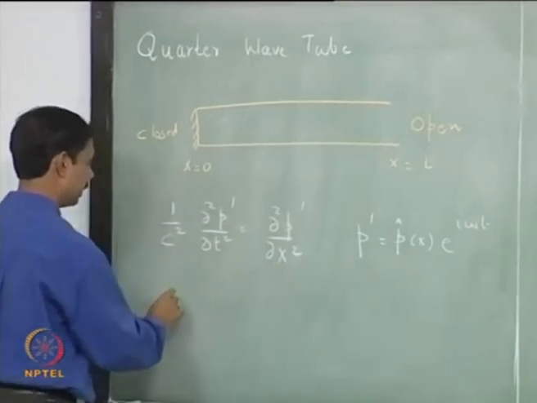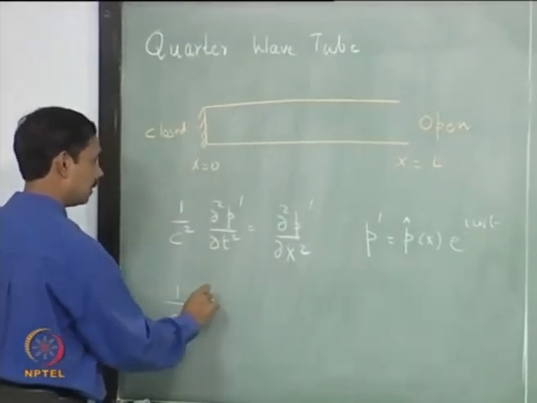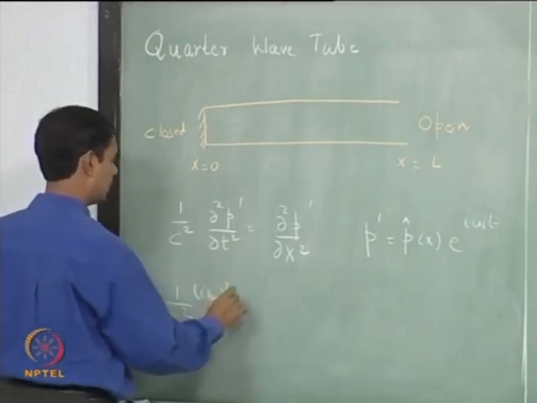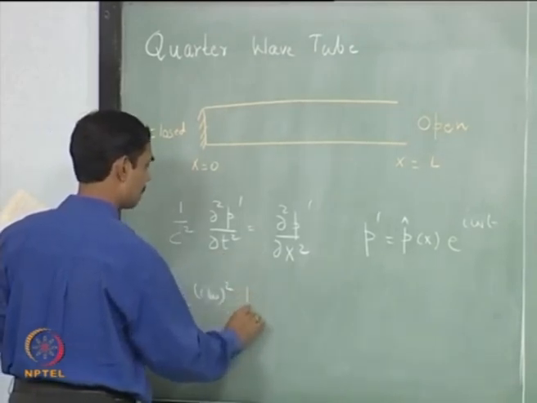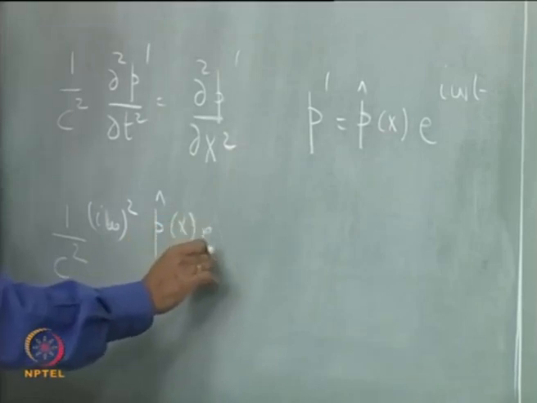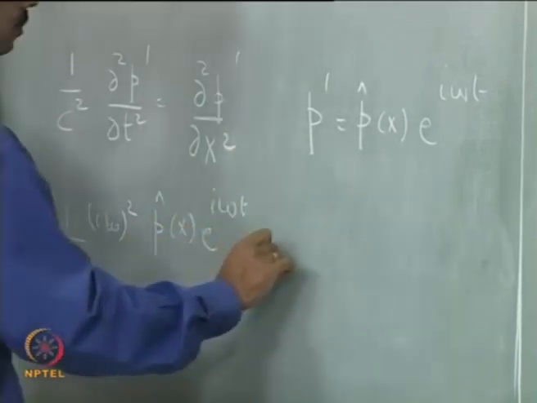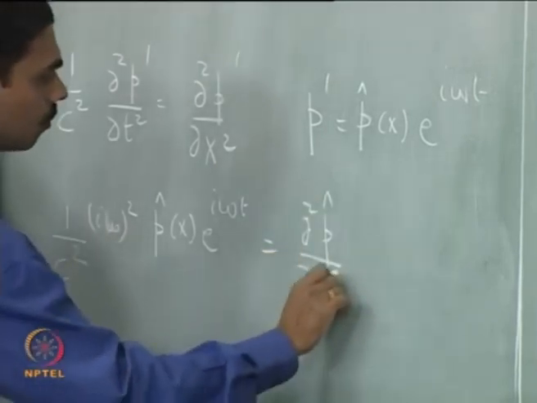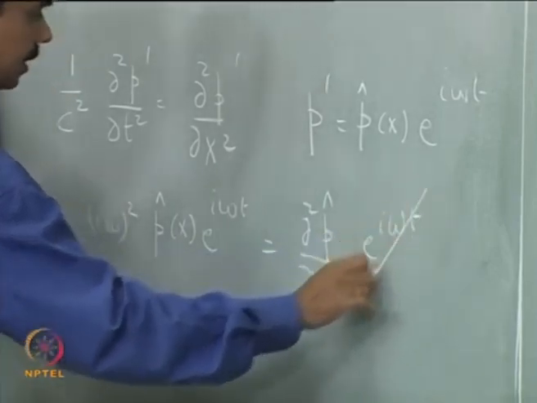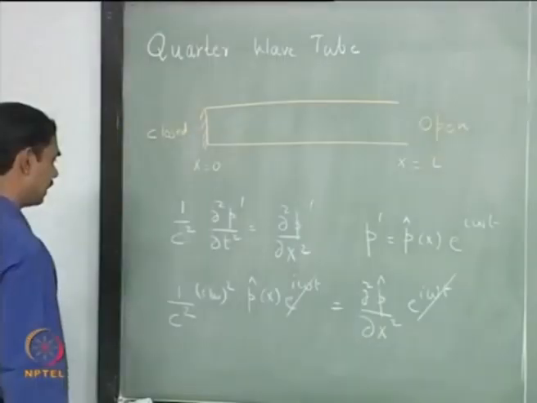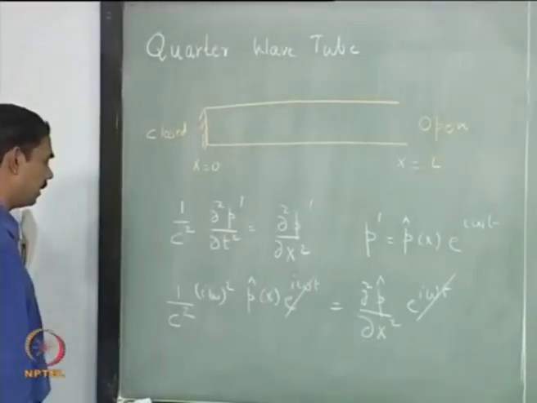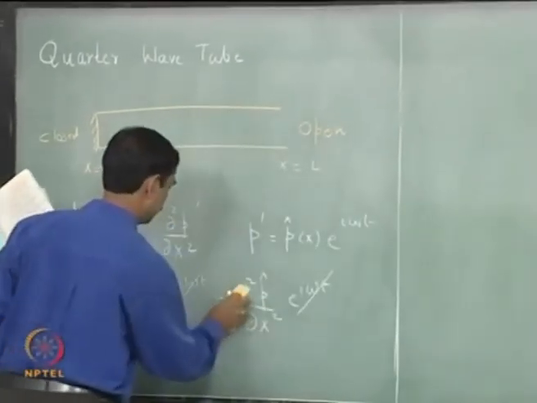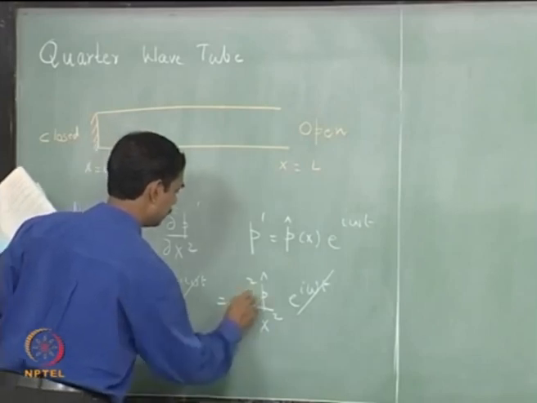If you substitute this over here, what I would get is 1 over c squared i omega squared, and we can cancel e power i omega t on both sides, and i squared is minus 1, so it is enough to write this as d squared because now it is a full derivative.